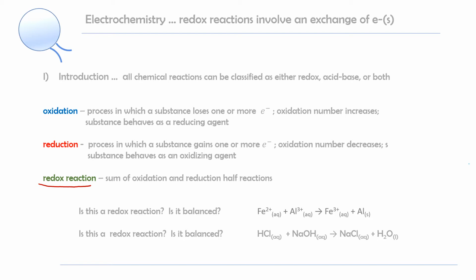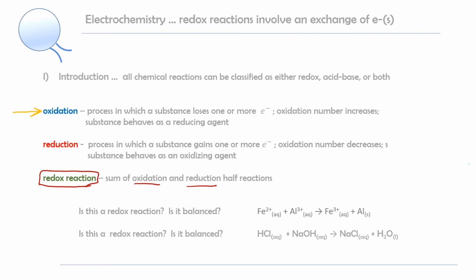The half reaction where something is losing electrons is oxidation, and the half reaction where the other substance is gaining electrons is the reduction. And so the overall reaction is the redox reaction. Okay, so let's look at the two half reactions, starting with oxidation. There's a lot of terminology when we do redox chemistry, so just be on your toes.